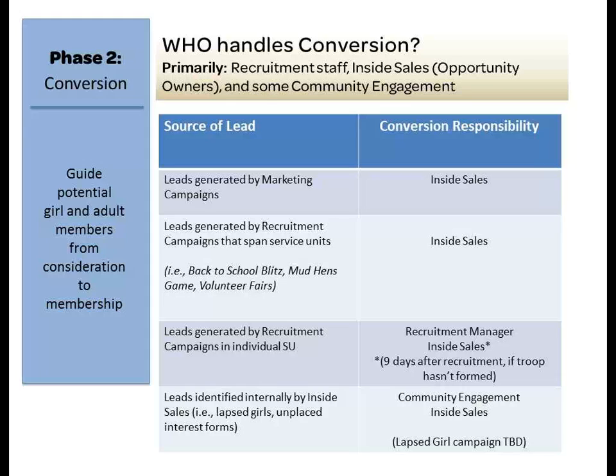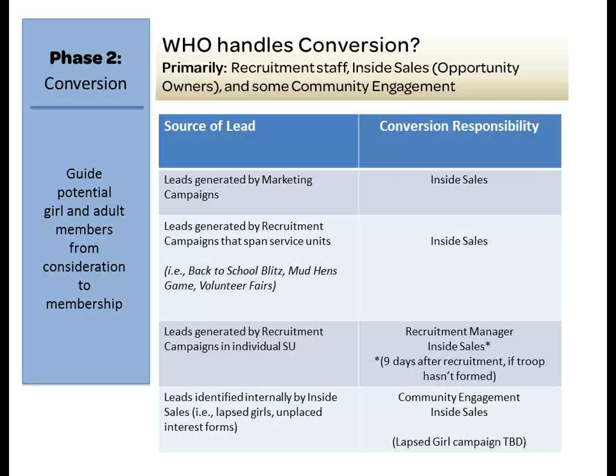Another question's coming in. Will inside sales conversion goals be based on overall numbers or by service unit? I don't think we've totally defined exactly what the goals are going to be, but it certainly would be overall goals. However, it's important to know that the assignment of the leads would be by zip code.